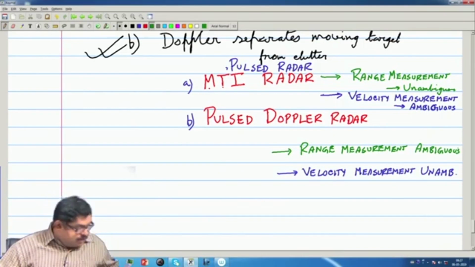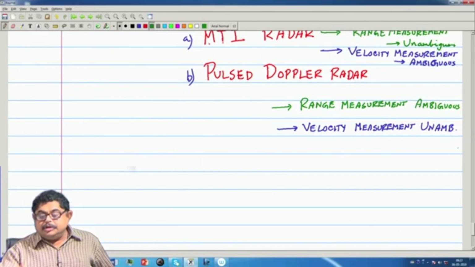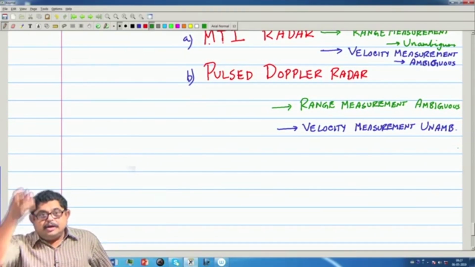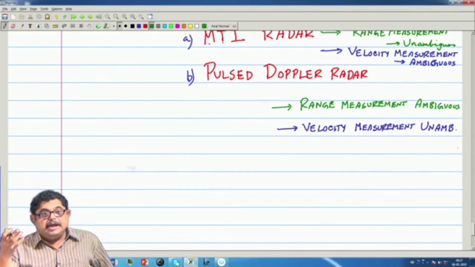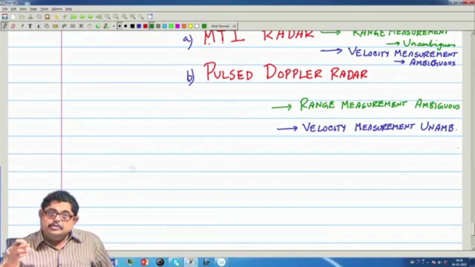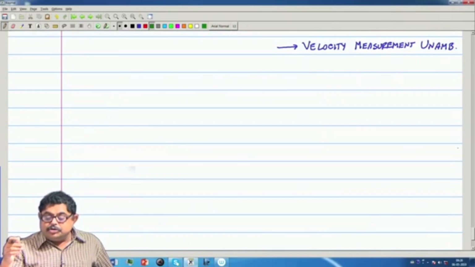Actually, this diagram with this pulse Doppler radar is almost a new thing, mainly in AWACS etc., where the radar is not grounded, the radar is in a flying aircraft or flying satellite etc. There this block diagram is not applicable, that is a modern advancement of radar, but generally for MTI radar, this block diagram will be useful.